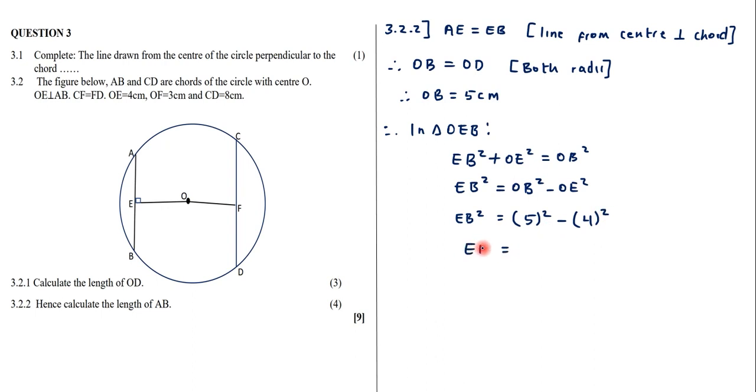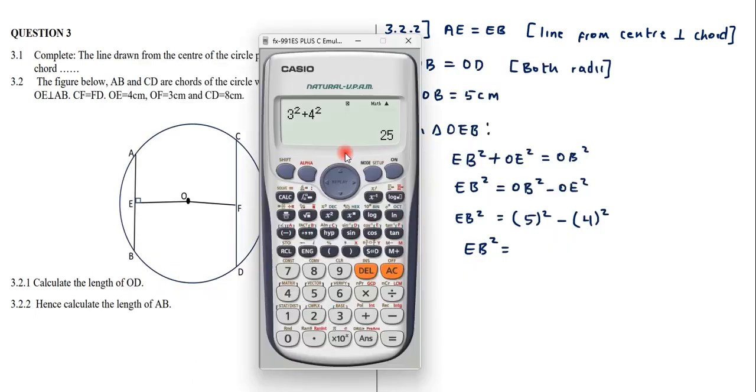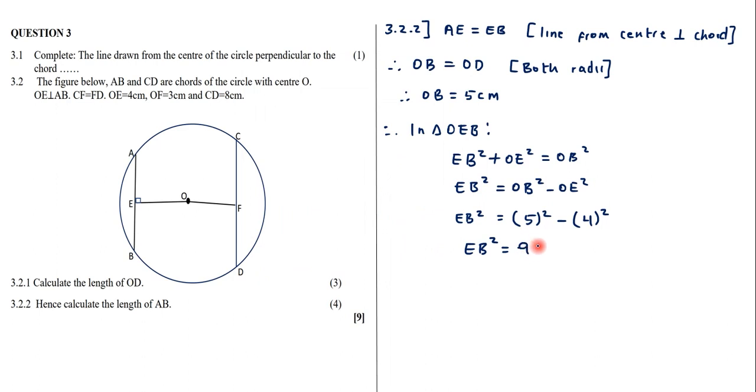So now we're going to press this into our calculator. 5 squared minus 4 squared is equal to 9, and then from here we put the square root both sides, then EB will be 3 centimeters. Now remember, we're not looking for EB, but we're looking for AB.